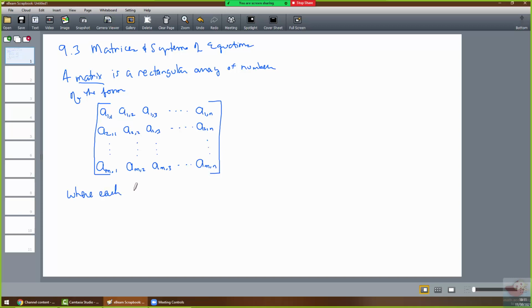Where each A sub i,j is a real number, in this class at least, called an entry or element.